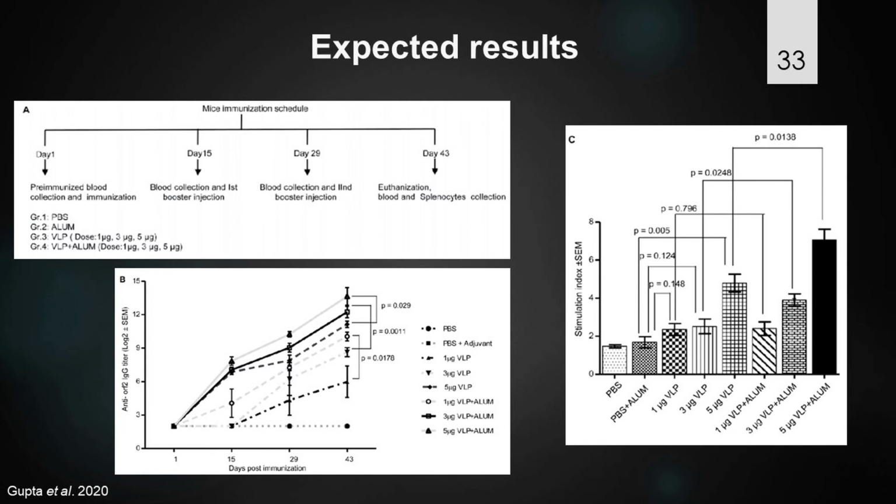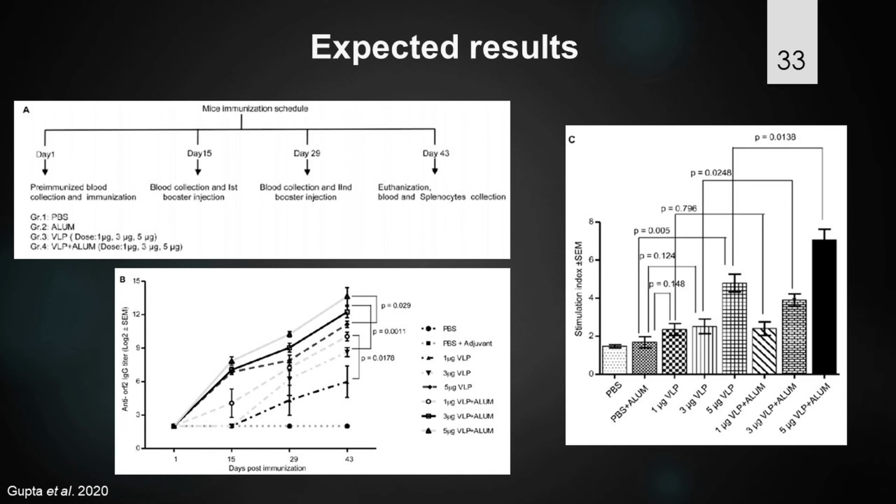In this slide, the figures were taken from an article by Gupta et al. They used G protein as an antigen, encoded in the ORF2 region, and used this to create a transformant Pichia containing a pPICZ alpha A ORF2.